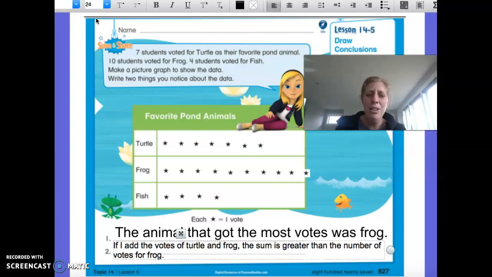You meant turtle. I meant turtle. If I add the votes of fish and turtle, the sum is greater than the number of votes for frog. Yes, that's true. And now we're going to turn the page and move on to the next page.